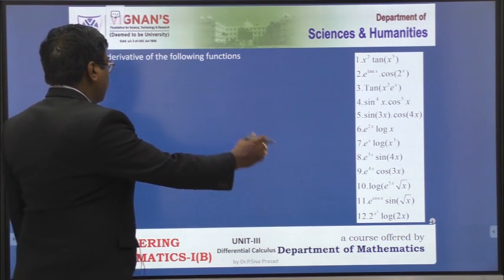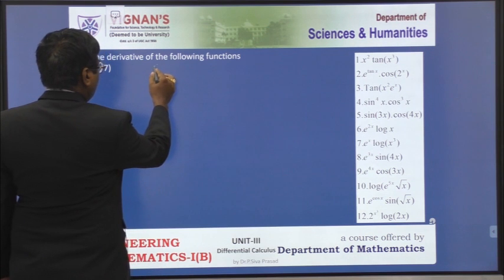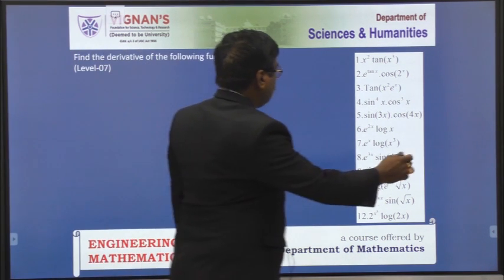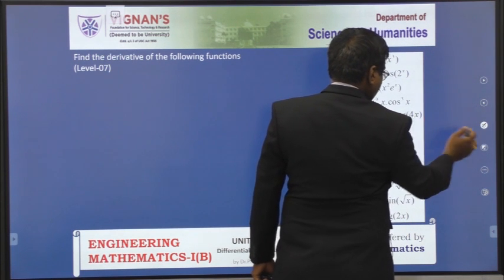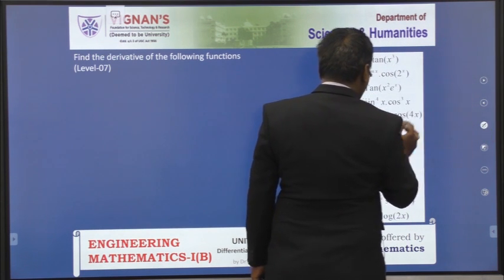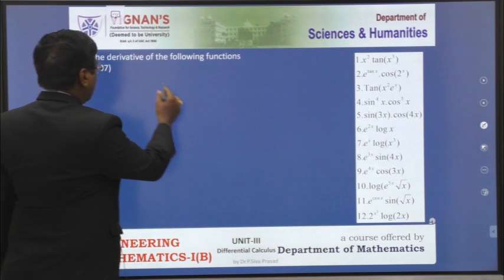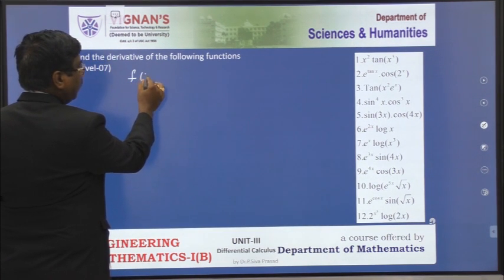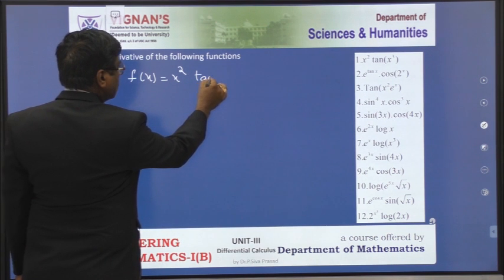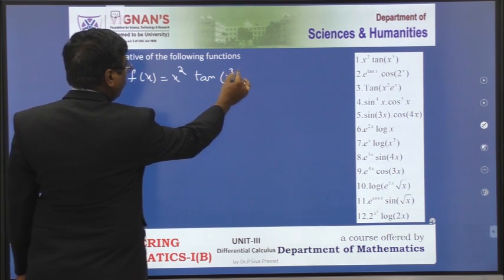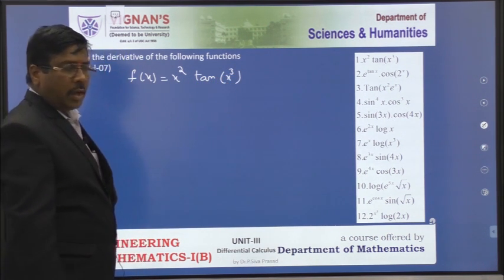So f of x is equal to... find the derivative of the given function. f of x is equal to, first one, x square into tan of x cube.